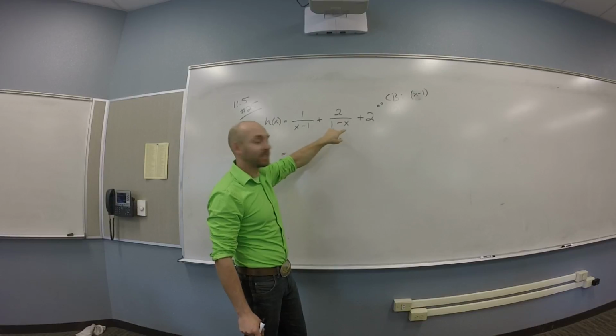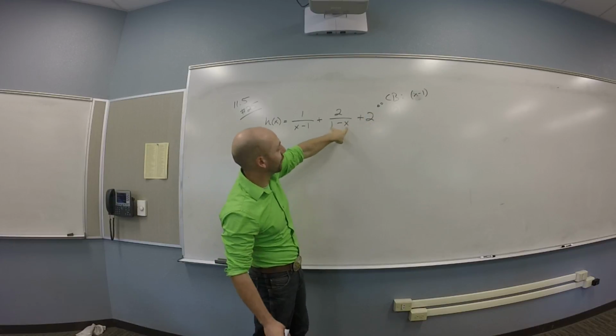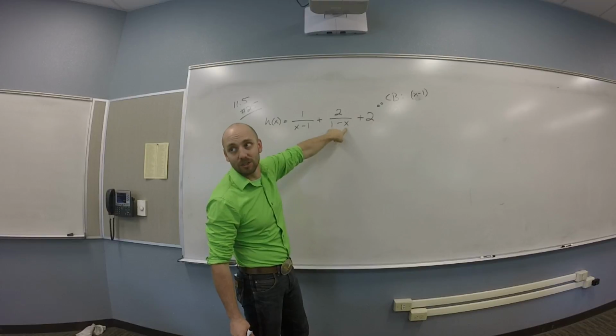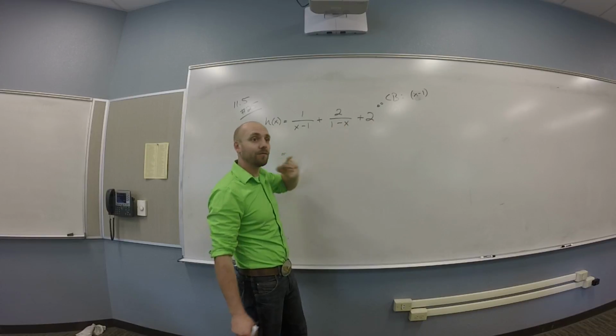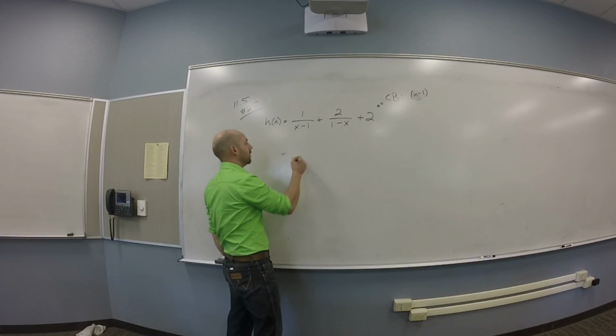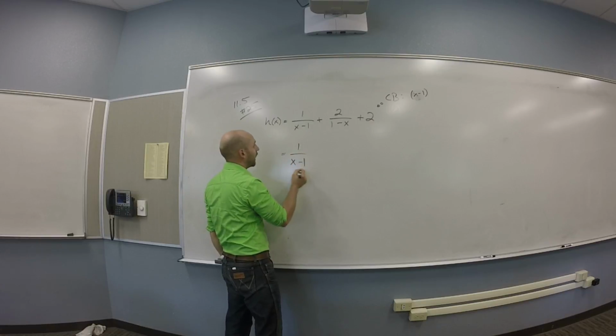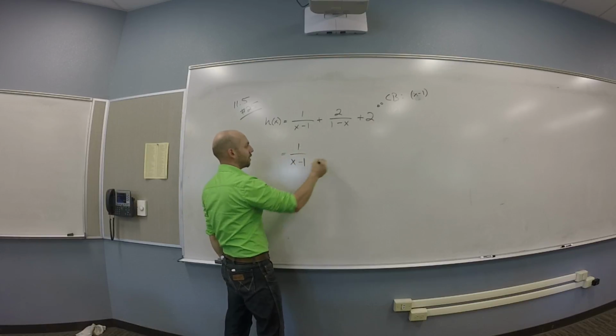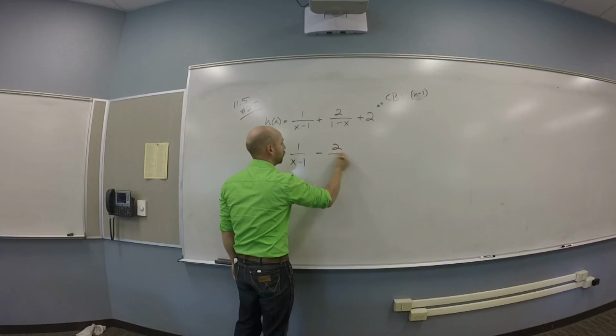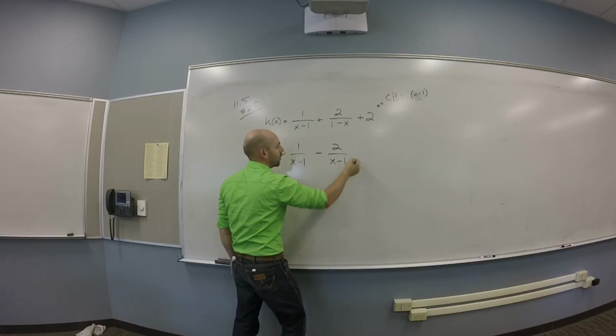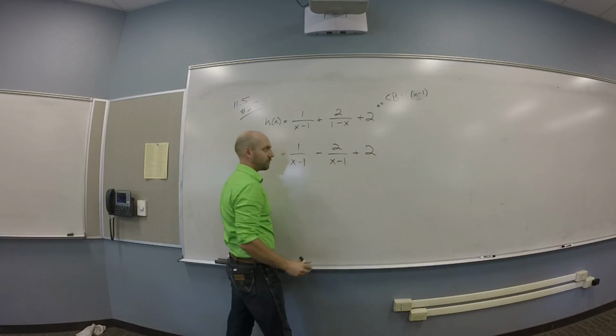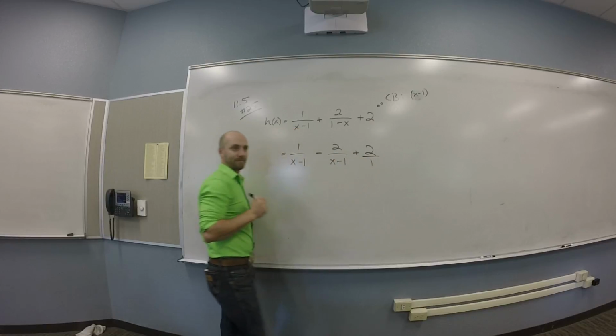You guys see that? This guy is your x minus 1, but in the other order, so this has an extra minus sign in it. So the first thing I would do here is rewrite as 1 over x minus 1 minus 2 over x minus 1 plus 2 over 1.